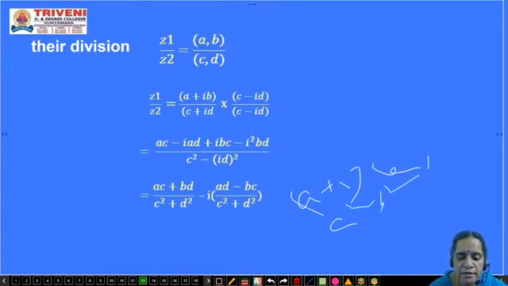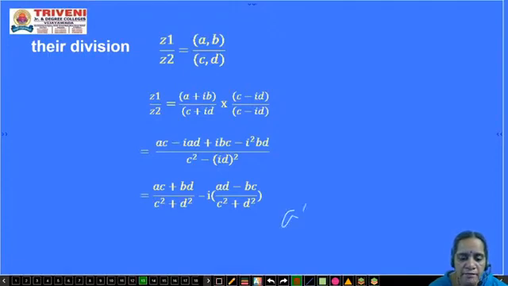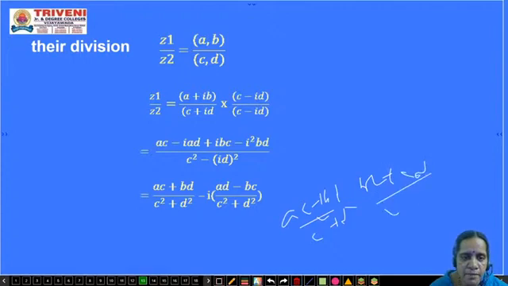That's why we write in the denominator c square minus id whole square. Here we know that i square is equal to minus 1. Put the value of i square here. Then we come to real numbers and take i common. It can also be written as the ordered pair (ac plus bd by c square plus d square, bc minus ad by c square plus d square). Like this we have to write here.